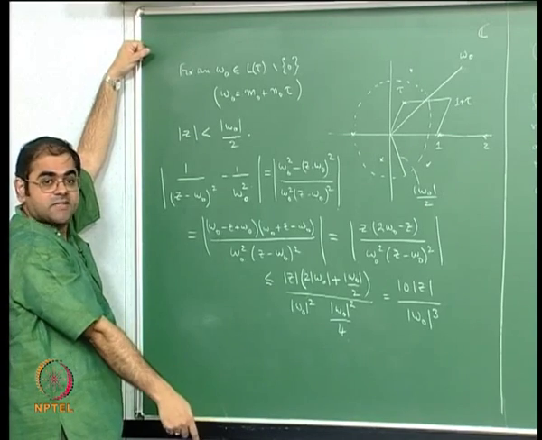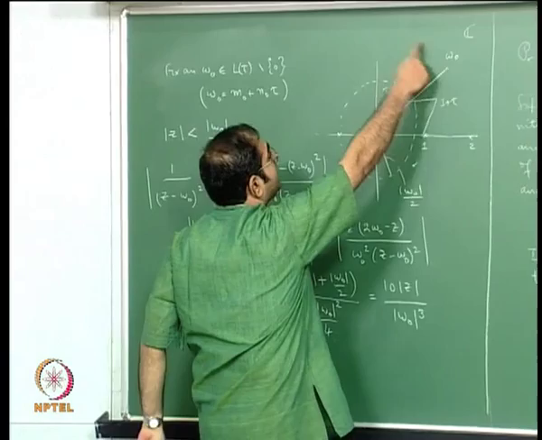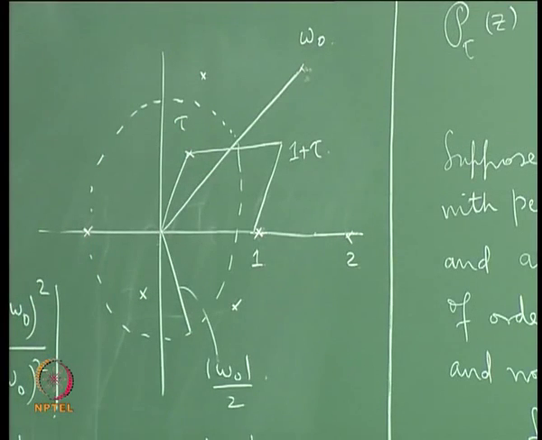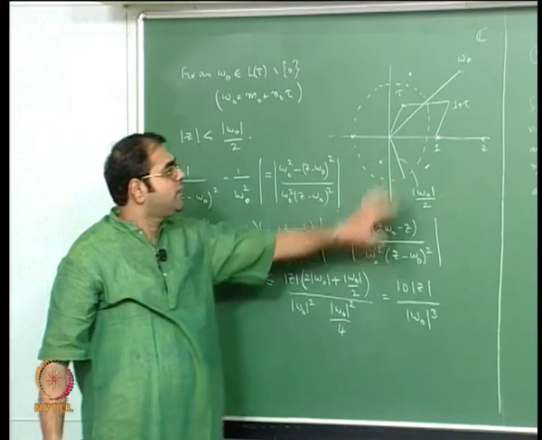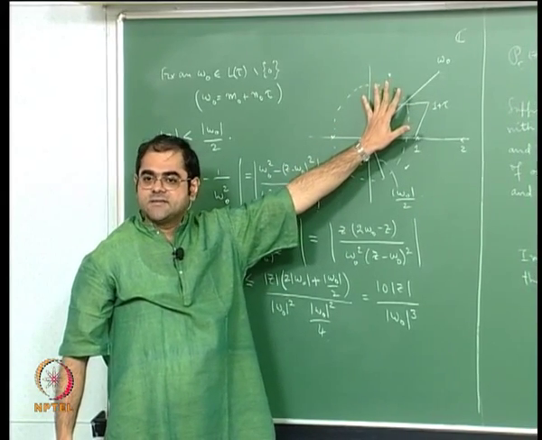The point is it will hold for all points of the lattice that are outside this circle, and what is left out are only finitely many points which are inside the circle.